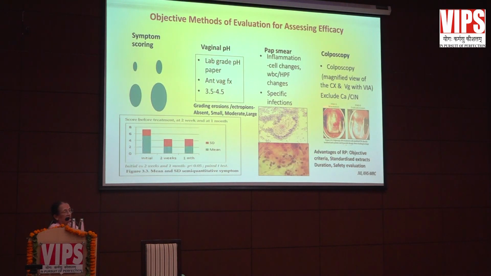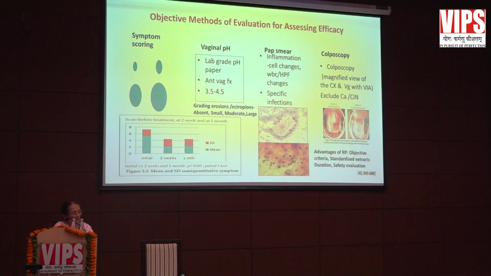And we used objective methods. Now, there had been theses earlier on Panchavalkal in the healing of infections and erosions or ulcers. But they had used only subjective criteria, like is it increased or decreased? That is all that they recorded.